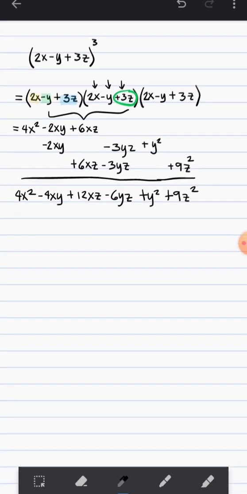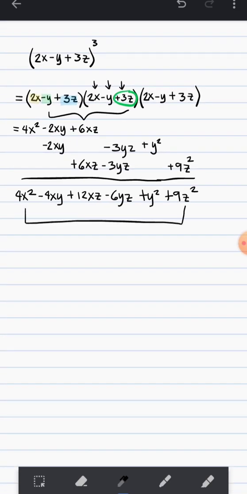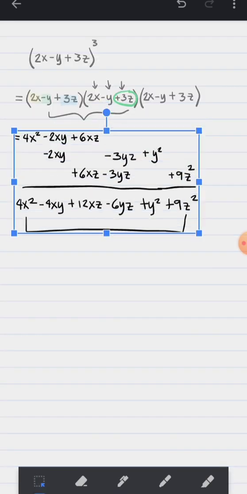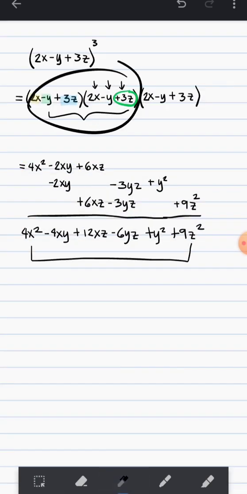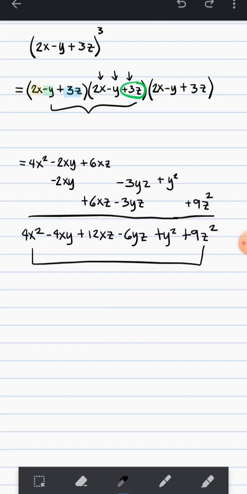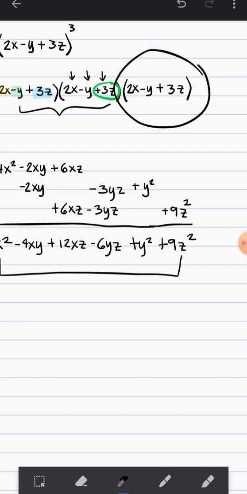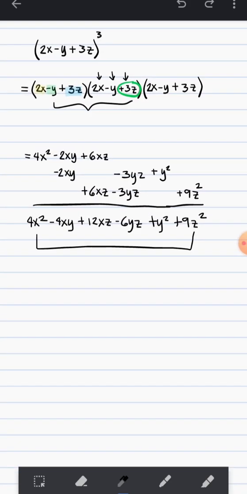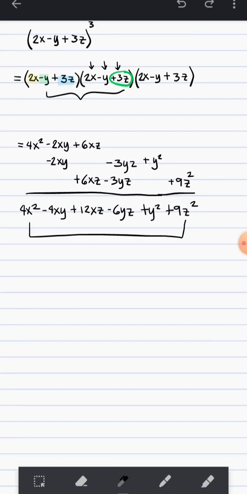So this is what we've got after multiplying the first pair. But we're not done yet. After getting the result by multiplying these two parentheses, we will again multiply it to the third parenthesis, 2x minus y plus 3z. We're going to multiply that to all of this. Alright, so let's do that.